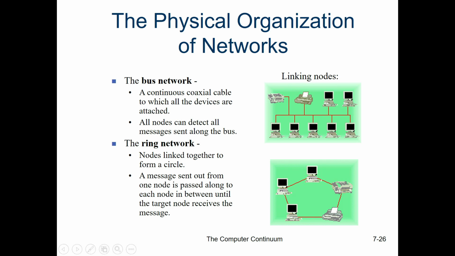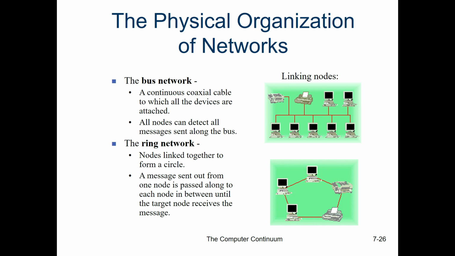Then we have the ring. It's also a kind of network where everything's linked together. We are connected together via wires, or in physical means it is like a ring, as you can see in the right side as well.